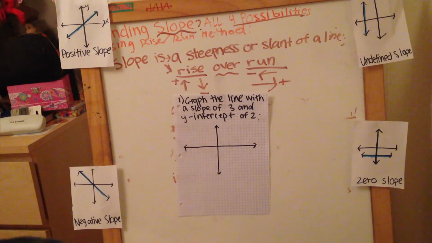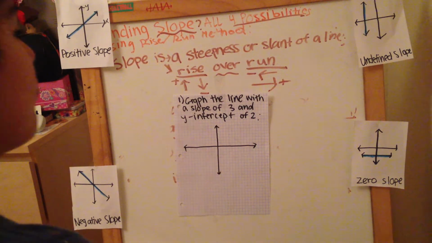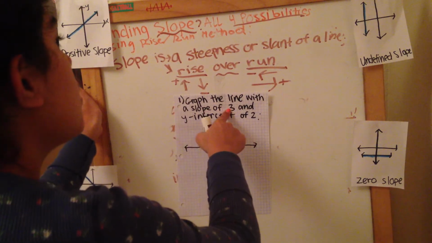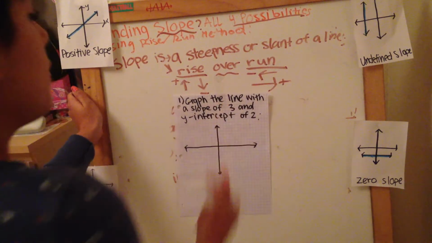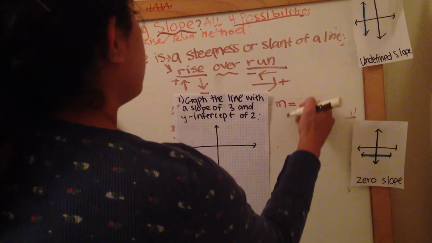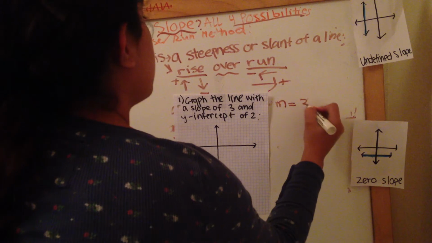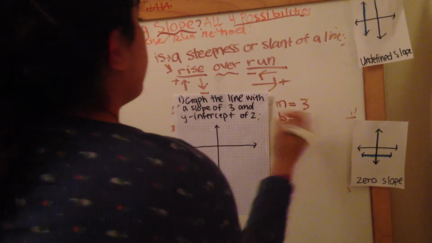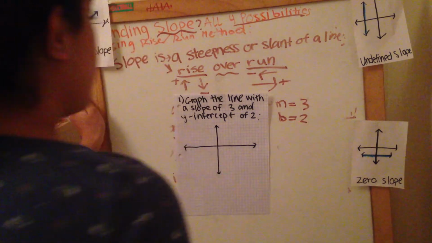So how do you do this? First, they give you the slope. Slope, rise over run. So slope m equals 3. Y-intercept b equals 2.